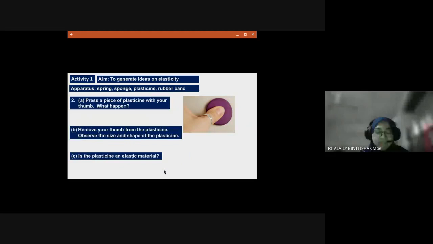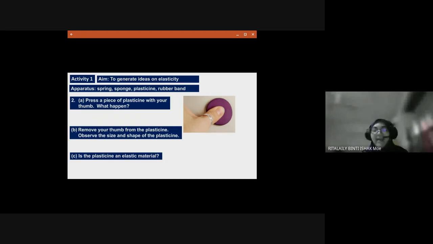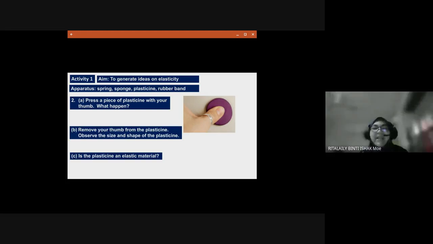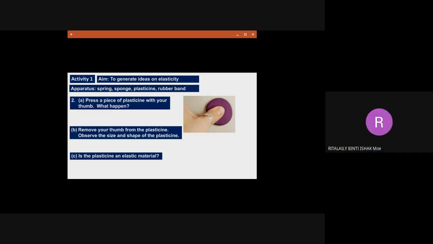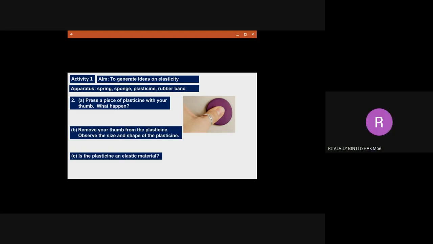Okay, so now we have plasticine. When we press plasticine with our thumb, what do you think will happen? Kinisha? We used to play with plasticine, right? So what will happen when we press the plasticine? Yes?